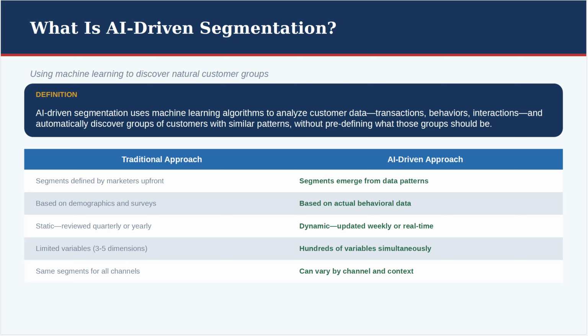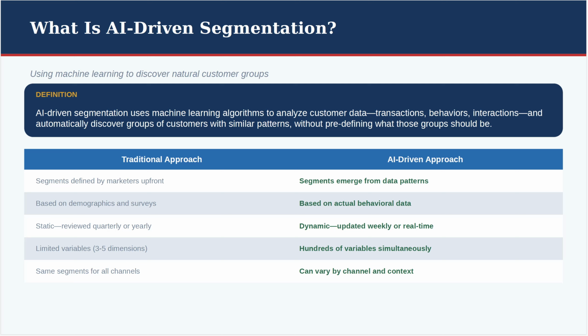The traditional approach is static. It may be reviewed once a quarter if you really want to spend a lot of money, or mostly it's yearly. But AI-driven is dynamic. It is updated every week and in real time. You have limited variables in the traditional approach, 3 to 5 dimensions, maybe 6 dimensions. But you have hundreds of variables. For instance, real-time updates.